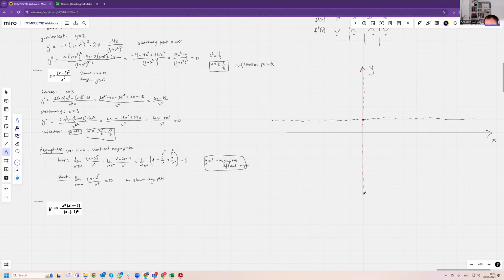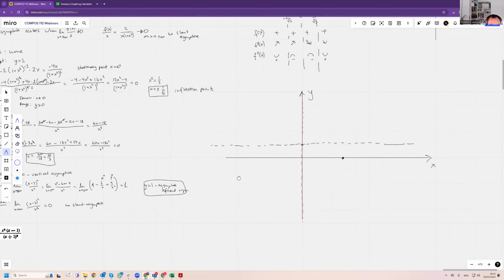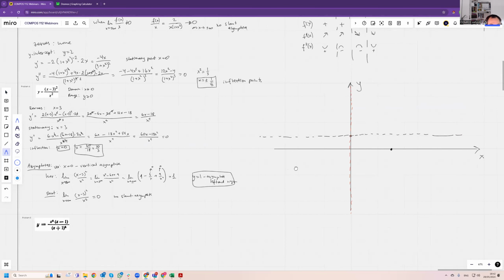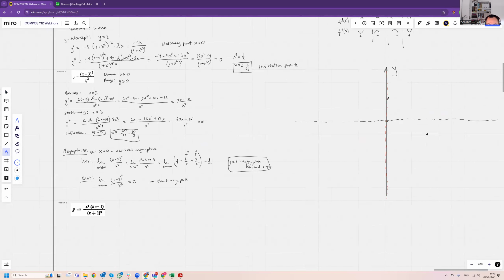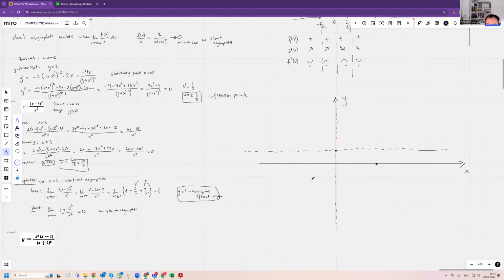We have a zero at x equals 3. The graph is positive. Aha, interesting. The graph is positive, and this is a vertical asymptote, so the graph only exists in the top half.